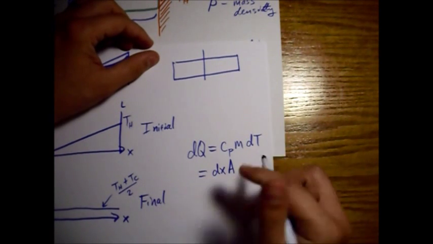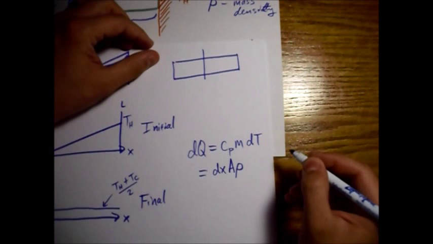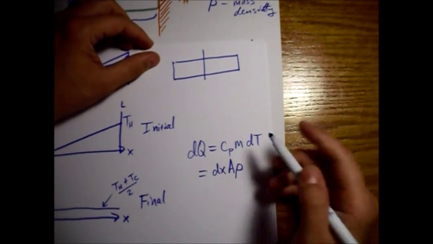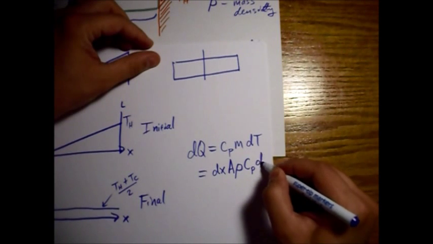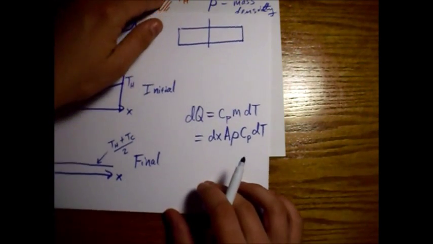So here's a volume multiplied by the mass density. So now we have our mass, and then we still have our CP right here, and then we have our dT.